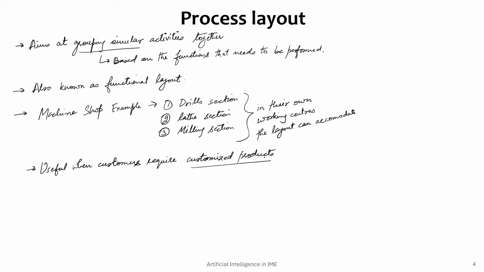So what we are doing is, we don't actually know, let's say product A comes, that needs to be delivered at some point of time, and product B is also required to be developed in the same workshop. Now the steps to develop product A could be like it needs to do drill first, then lathe, then milling. However, for developing product B, this could be something like milling, then lathe, then drill.